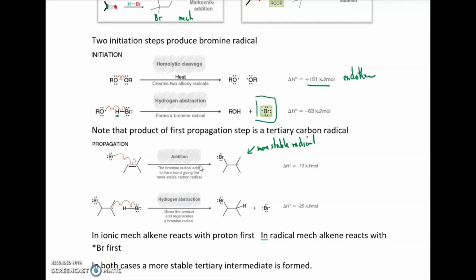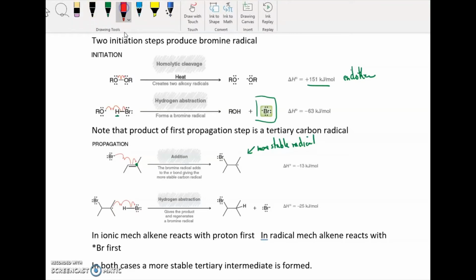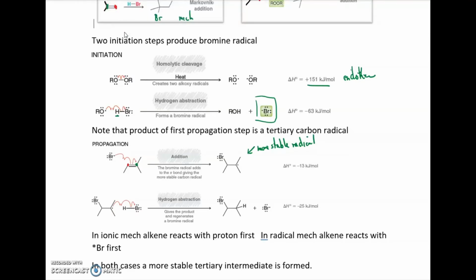If it added over here, where it's green, then we would have a radical on, we'll do a pink, there'd be a radical on the pink carbon, and it would be secondary, and that would not be as favorable.